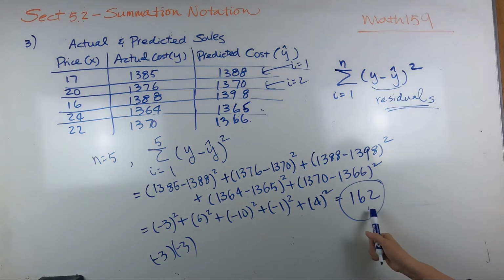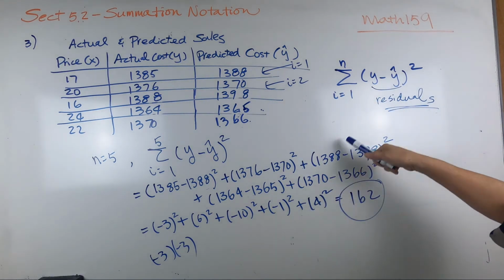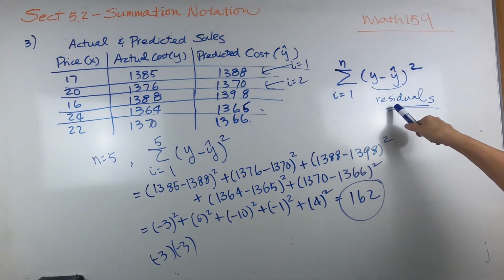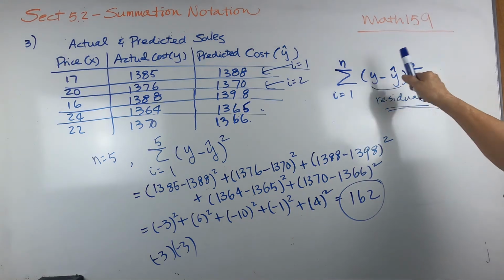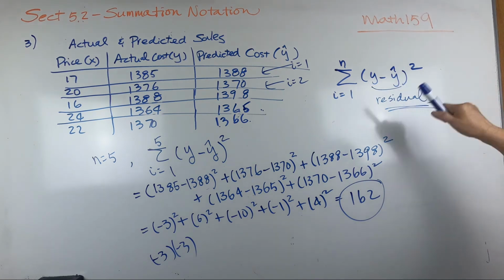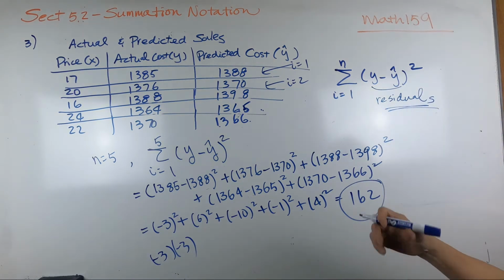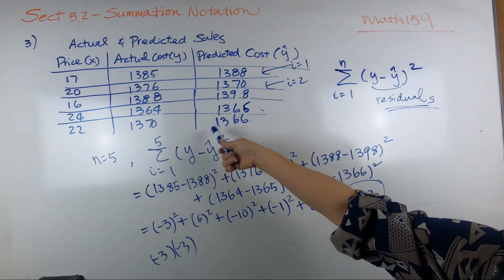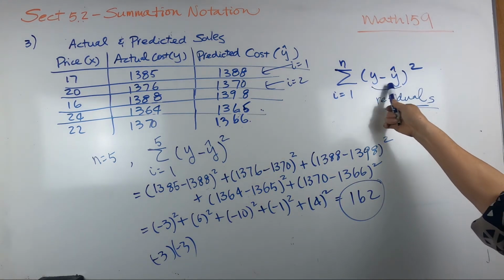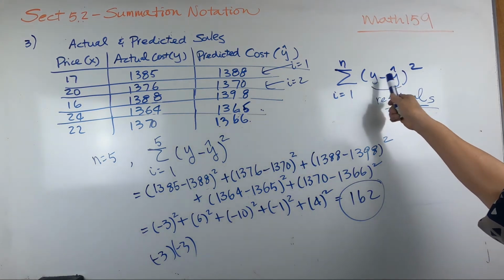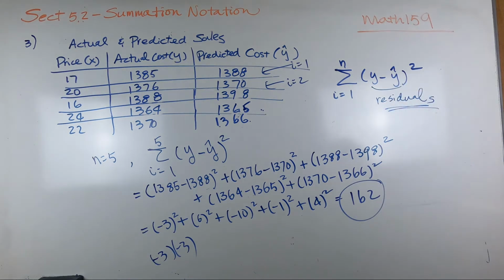You don't know how to use the answer for the purpose of whatever you need to do in stats yet. But right now, just get ready. If we ask you to find the residual squared and the sum of the residual squared, what do you need to do? Residuals means difference between actual and predicted. So you will be given this formula, then you need to take a square, okay?